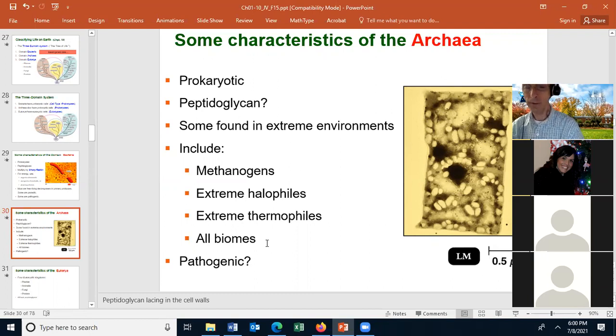And for that reason, in this class, we will not be talking about the archaea very much. And generally, when I am talking about the archaea, I'll make it clear that I'm only talking about the archaea, and I'm not talking about the bacteria. And on this slide, we're only talking about the archaea.